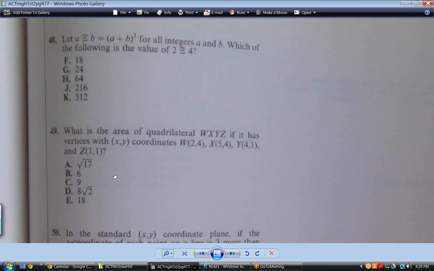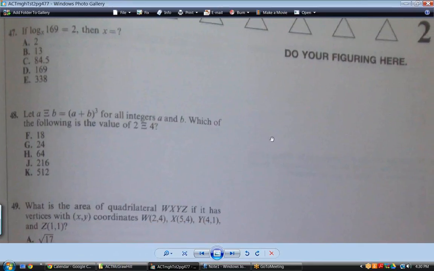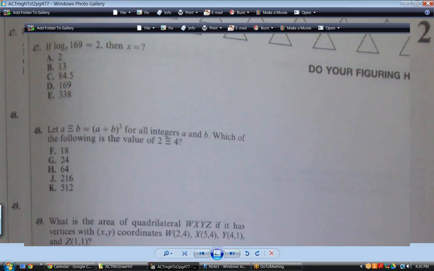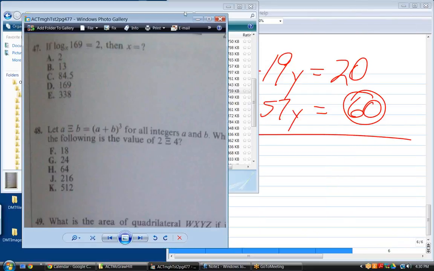Let's do one more and call it a session. Good, it's a log problem. Well, come on, you know logs by now, don't you?